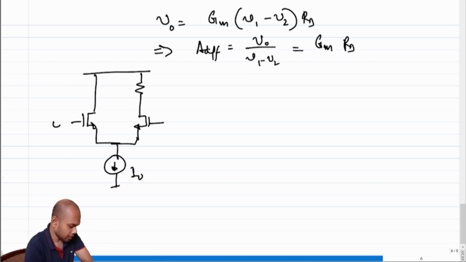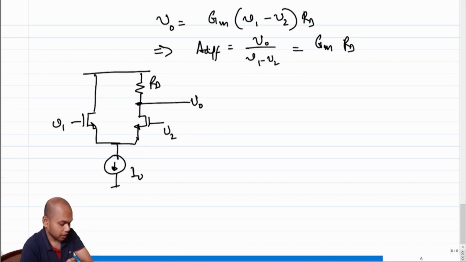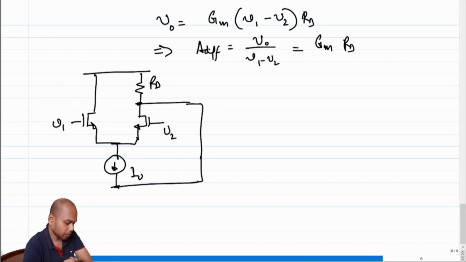I'm not showing the biasing now. Let's assume we have the biasing there, but I'm not showing it explicitly. If this is V0, right? So if we have to do the Norton equivalent, what should we do? We should short it, right? Now note that this short is an incremental short, right?